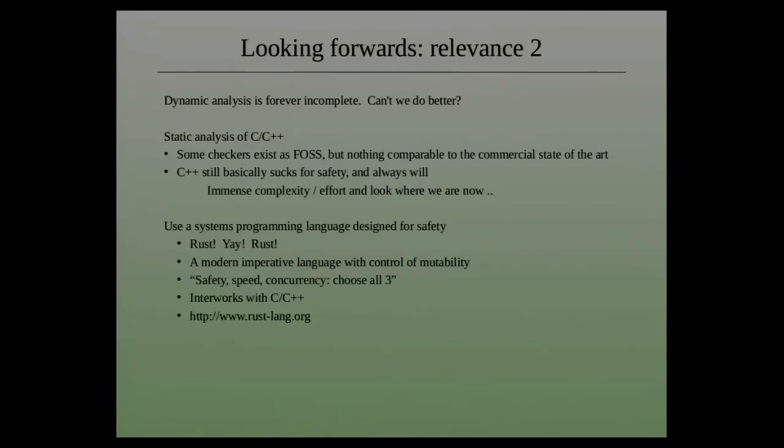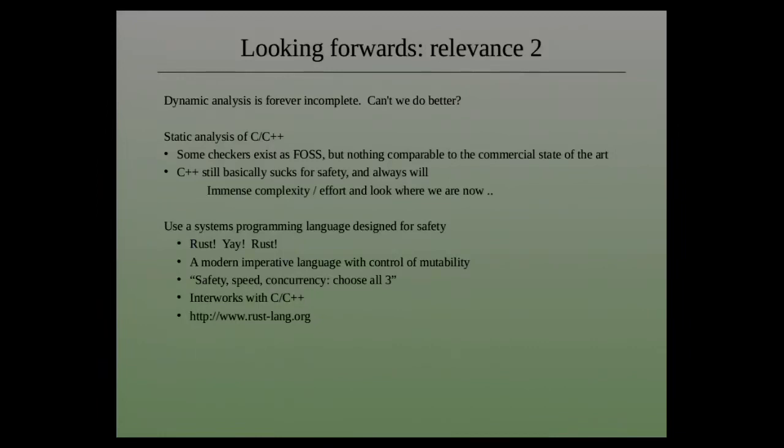And look where we are now. People spend enormous amounts of money and effort doing dynamic testing of big complex systems like web browsers or the stacks you have on Android or something like this. And we're still up to our ears, as a community, in security problems, especially nowadays it seems.